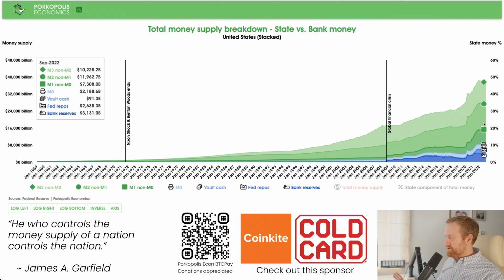These are public-facing liabilities for banks and bank-facing liabilities for the central bank. That is what is included in all of this data. So this is total liquidity in the United States economy.